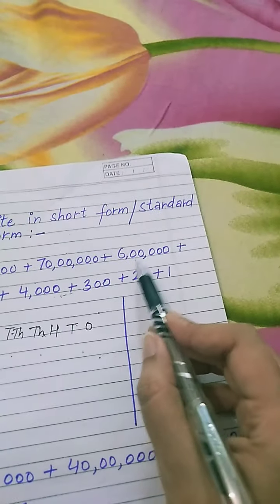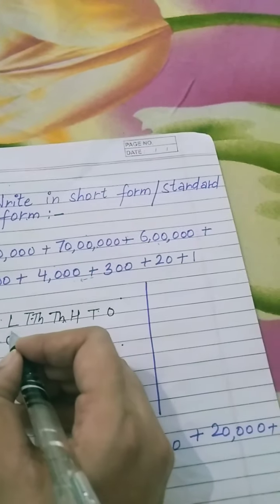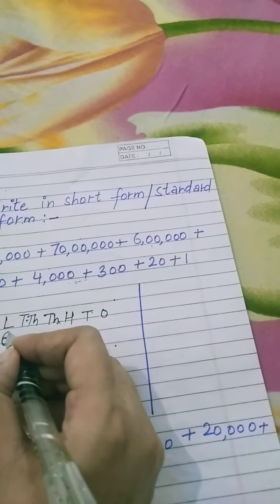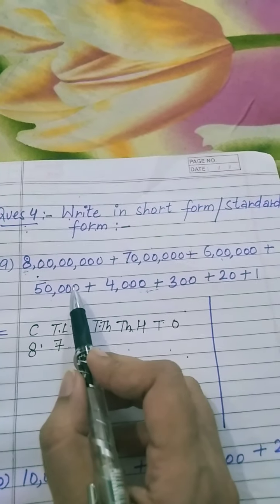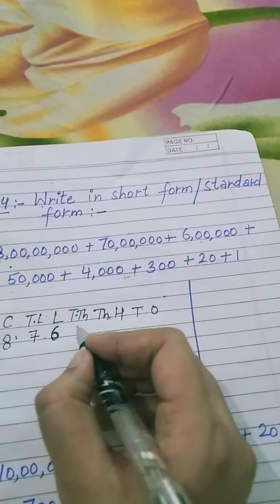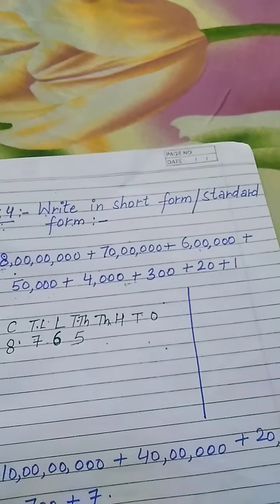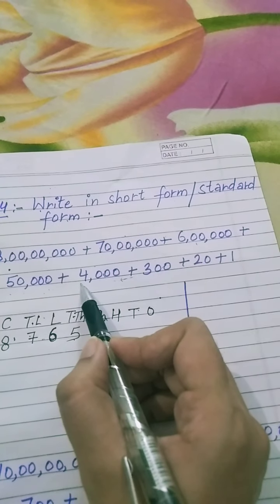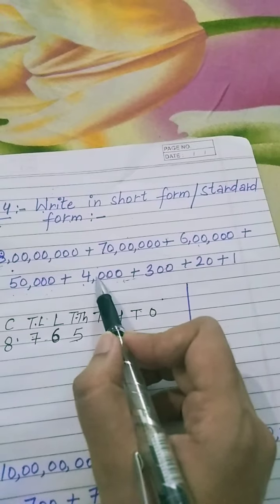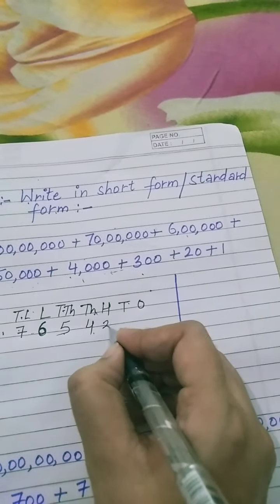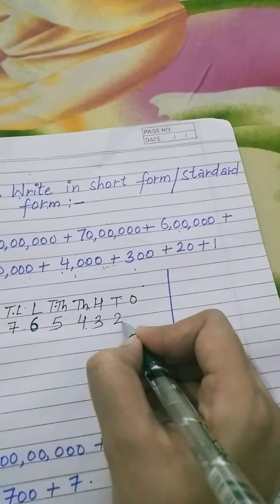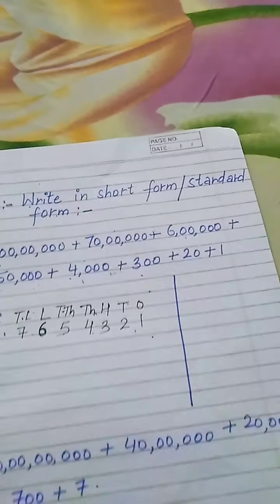Now the next is 6 thousand, so 6 comes here. The next is 50,000, 5 is at the 10,000 place, so we will write 5 here. 4 is at the 1000 place, so we will write 4 here. 3 is at the 100 place, then 2 is at the tens place, and then 1.